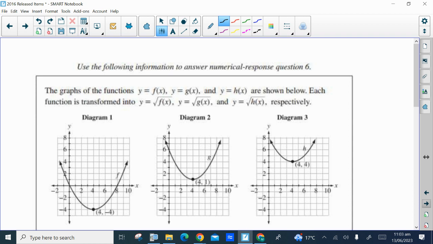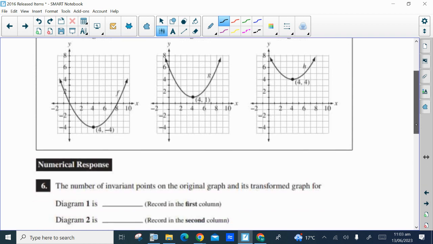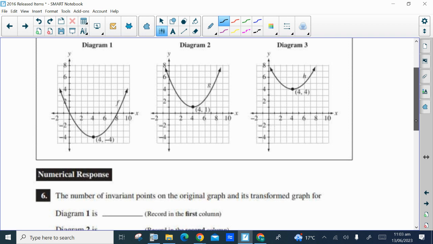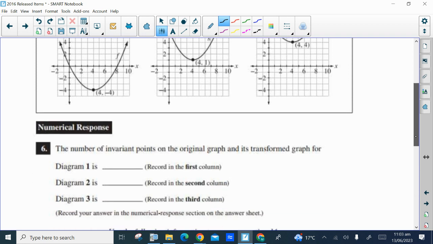Okay, on to the next page. We've got graphs of g and h below. Each function is transformed into the square root functions, respectively. The question wants to know the number of invariant points on the original graph and its transformed graph for each of the 3 diagrams.